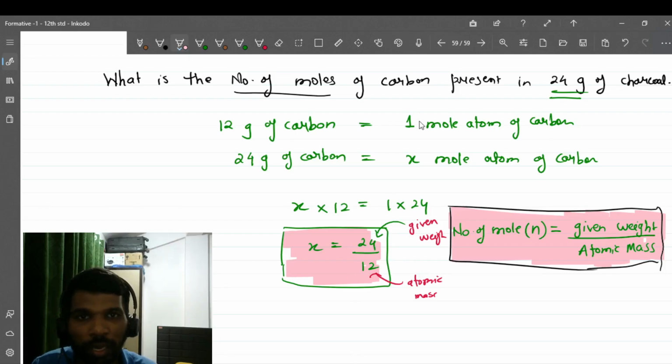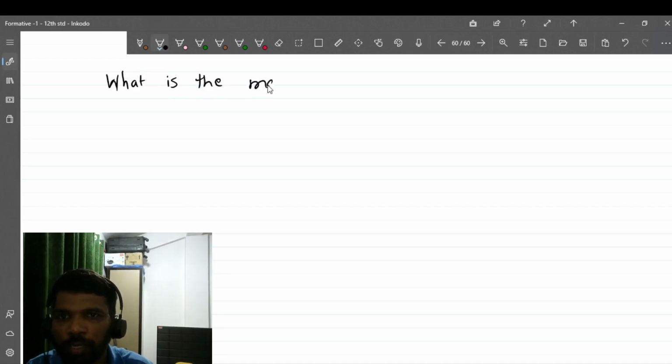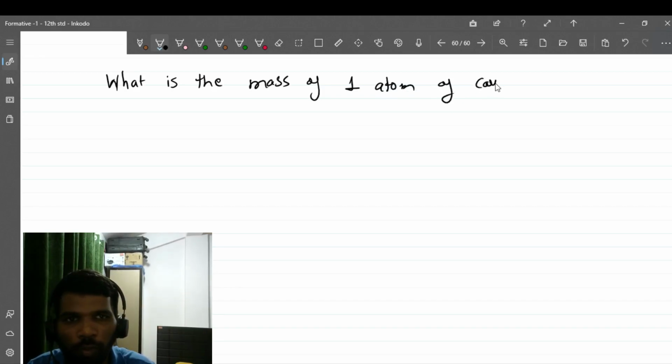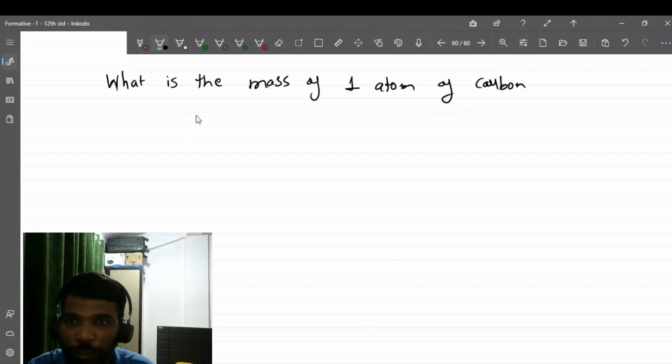Now, the next question I'll be asking is, what is the mass of one atom of carbon? How will we form a standard relation? We know the mass of these many atoms, 6.022 into 10 raised to power 23.